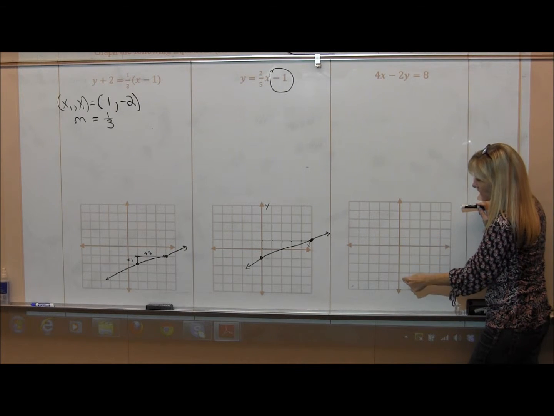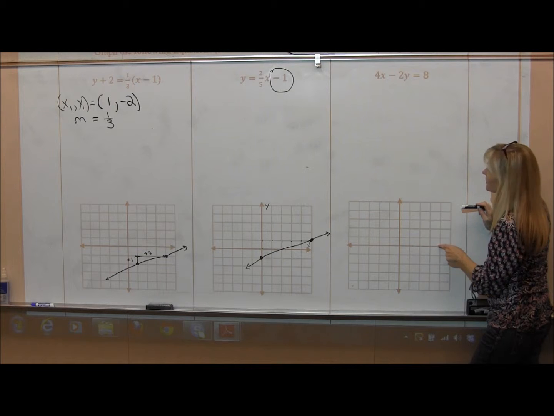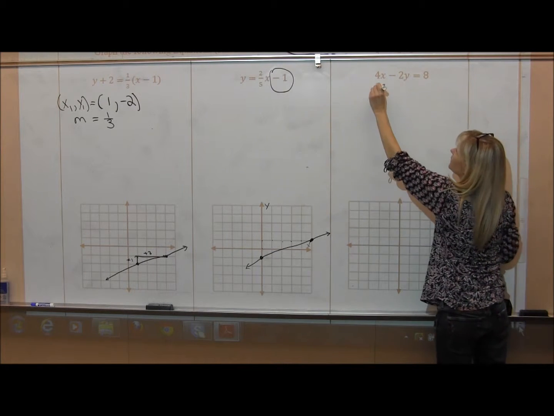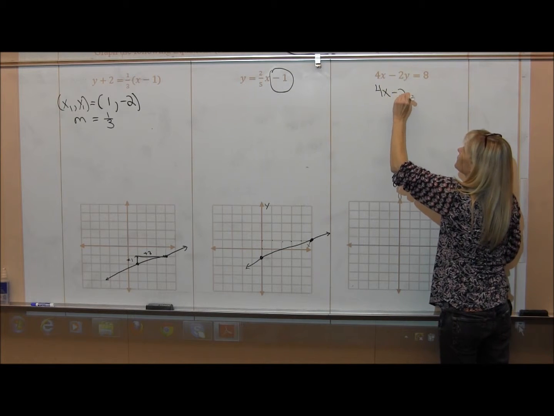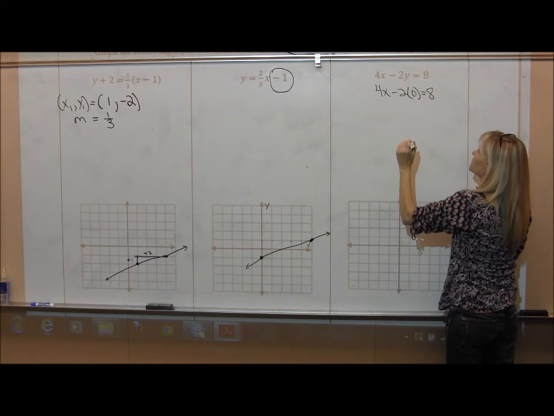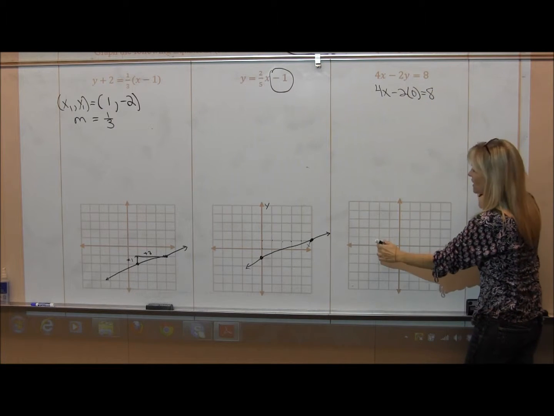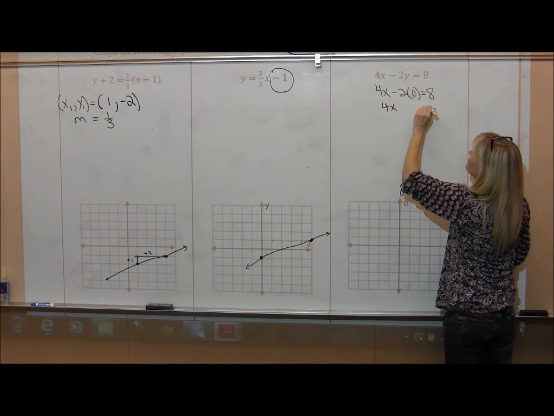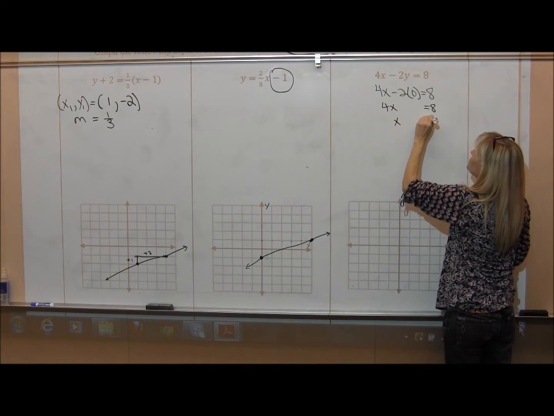Because this is the y direction. So y is always 0 here. So if we set y equal to 0 in our equation, then we find out what the x-intercept is, where the graph crosses the x-axis. So then this gives us 4x equals 8, so x equals 2.